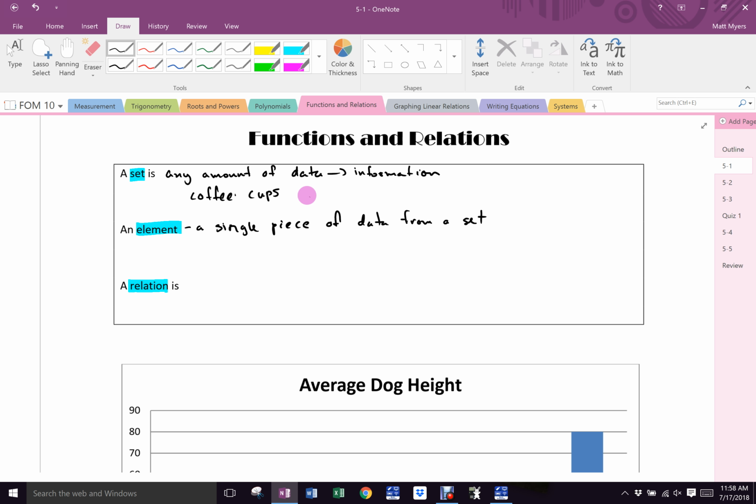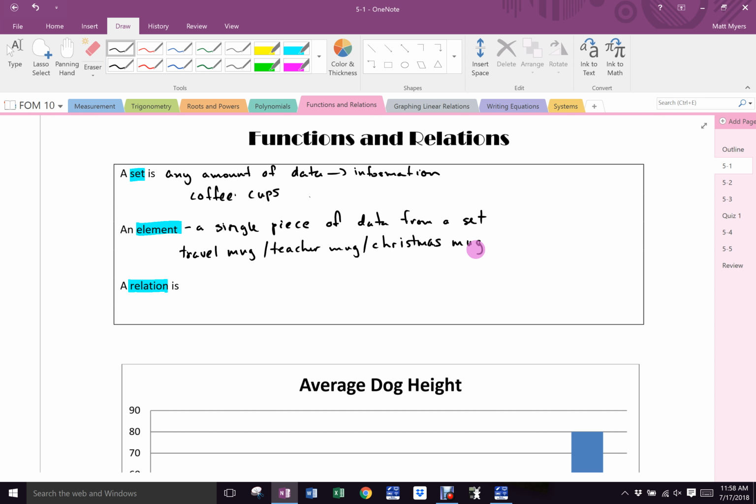In that set of 3 coffee cups, there were 3 elements. My travel mug, my teacher mug, and my Christmas mug. Wait, I don't want to be culturally insensitive. My winter festival mug. Okay?